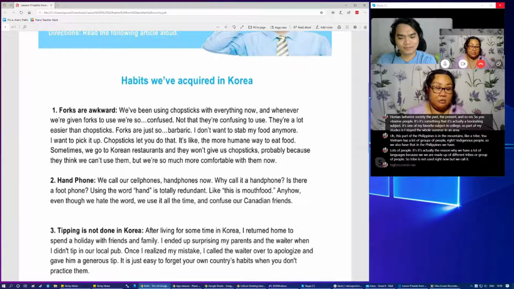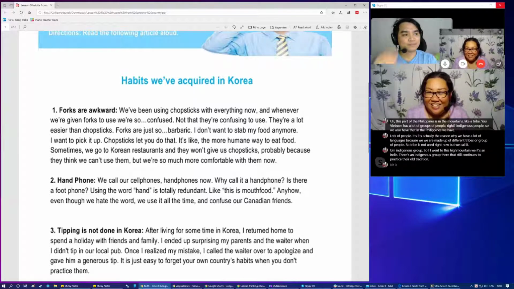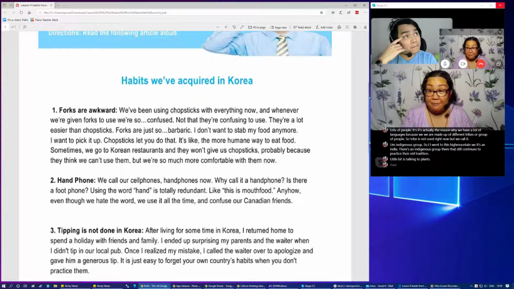There's an indigenous group there that still continues to practice their old tradition. Part of it is talking to plants, because their religion is animism, so their religion means that they respect nature. So whenever they harvest something from nature, they talk to it.